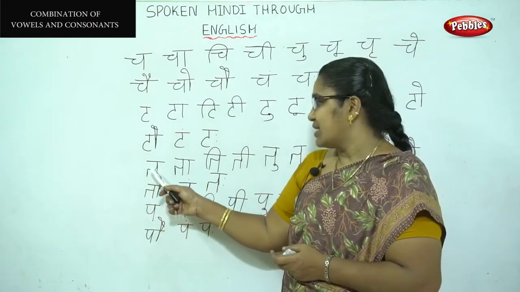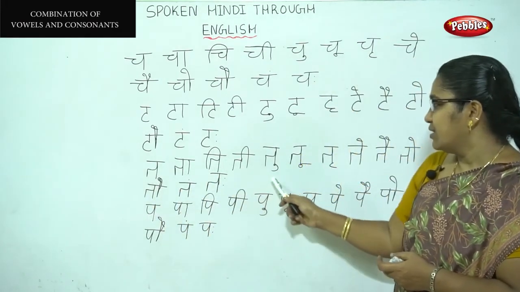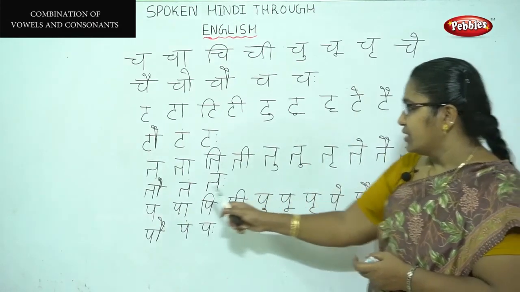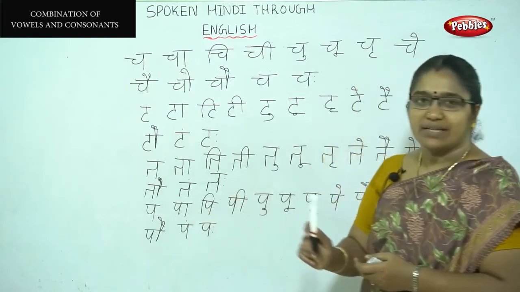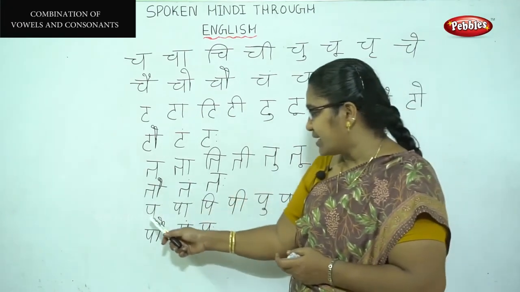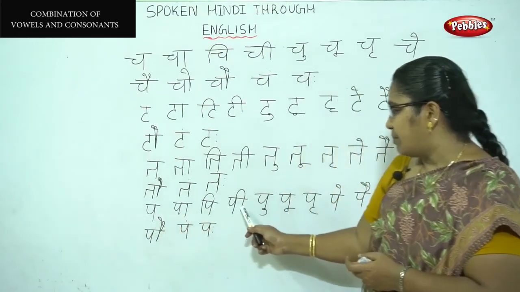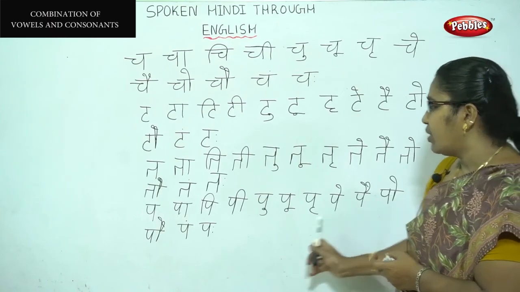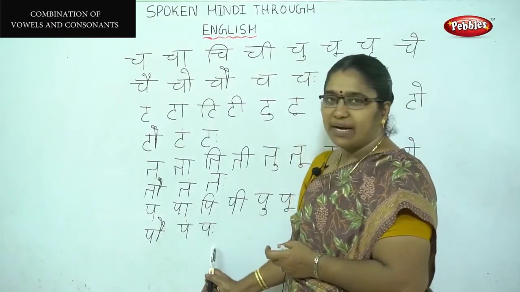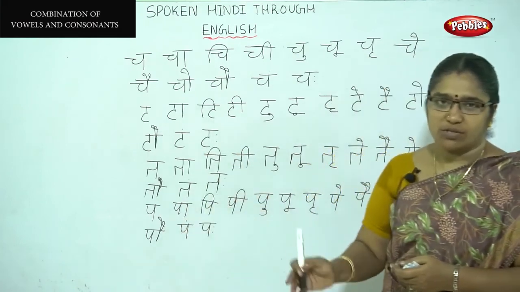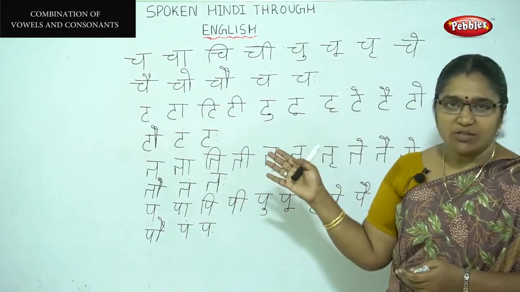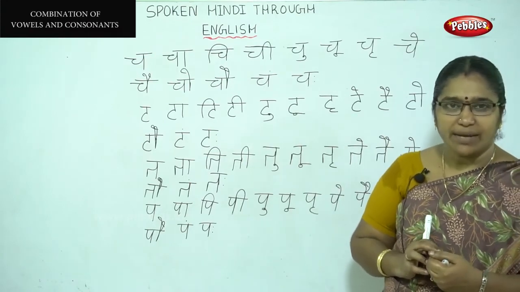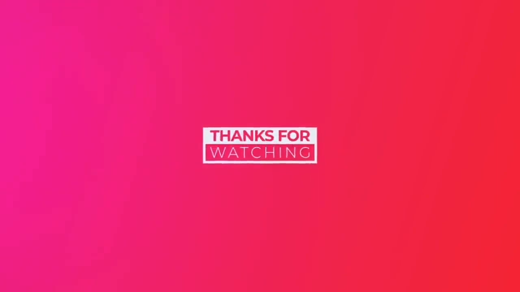And here, pa, pi, pu, pru, pe, pai, po, pau, pam, pah. We can spell like this and write like this. Is it clear? Understand? Easy to write.